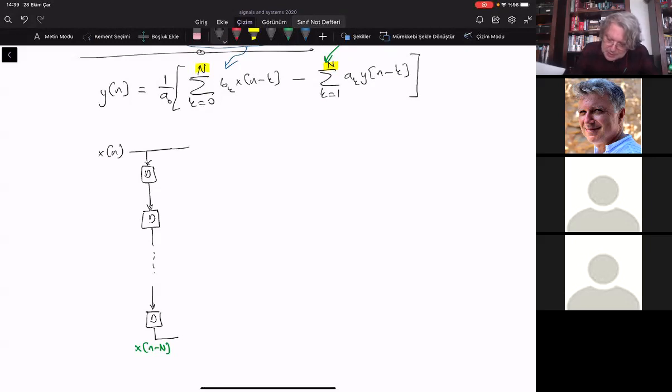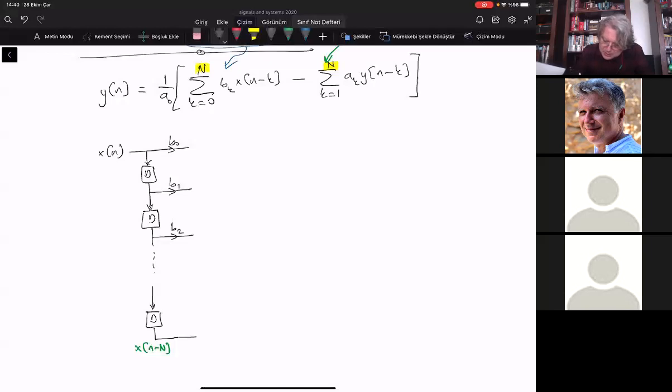So what is x of n multiplied with? x of n is multiplied with b0. b sub k for k equal to 0 is b0. So we have b0 here. And then we have b1, which multiplies x of n minus 1. x of n minus 2 is scaled by b2, blah, blah, blah.